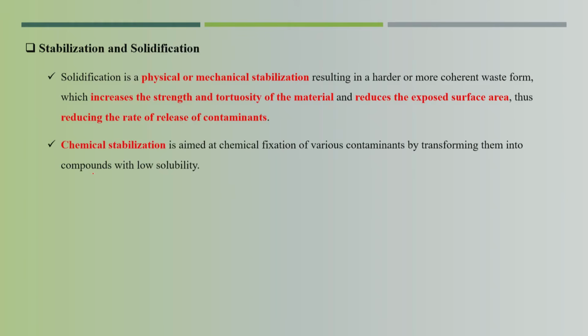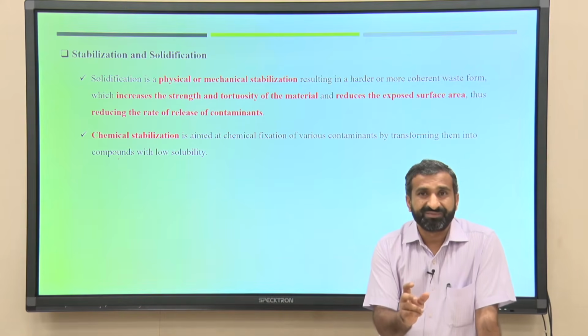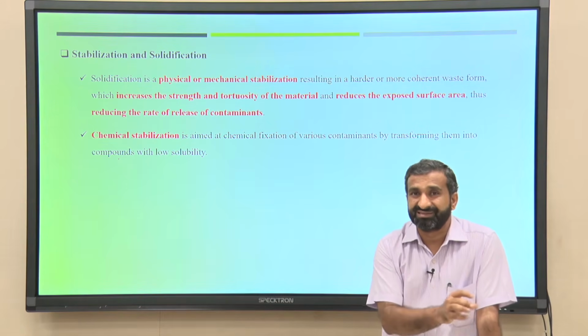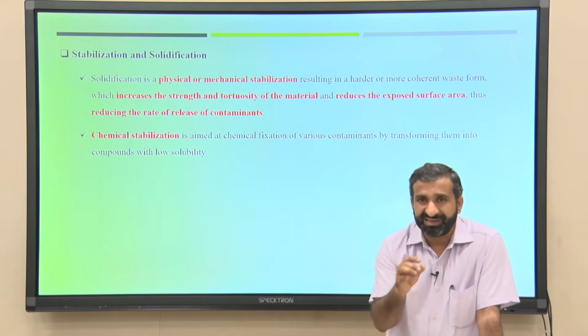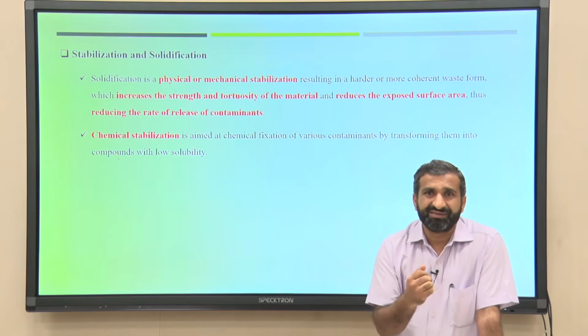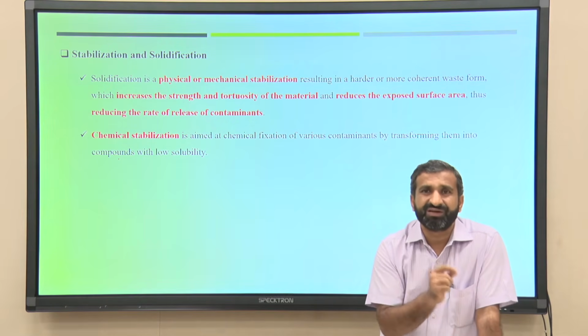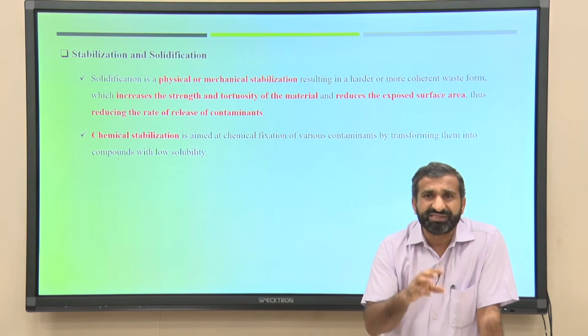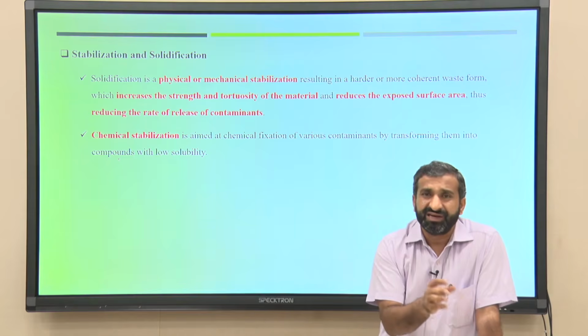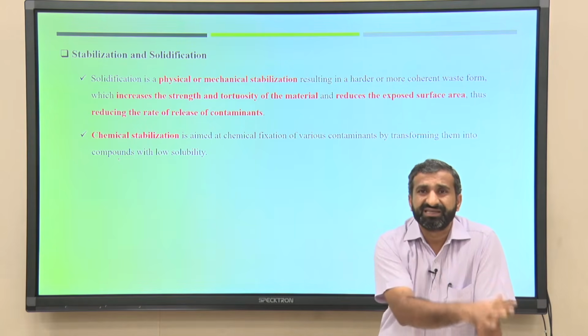Chemical stabilization is aimed at chemical fixation of various contaminants by transforming them into compounds with low solubility. So, this is also one of the very important ideas. If you reduce the solubility of these metals, the leaching could be reduced. One idea I am giving is that pH is one of the very important parameters from which we can reduce the solubility, because mostly these metals get solubilized at lower pH, or acidic pH.